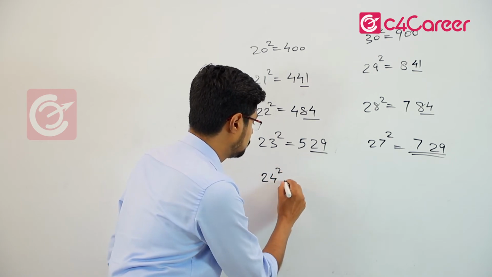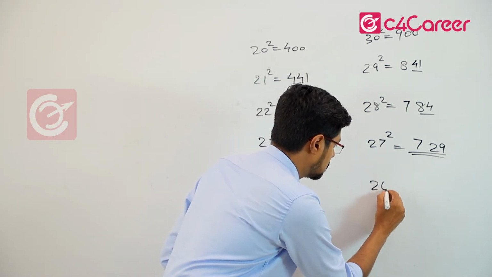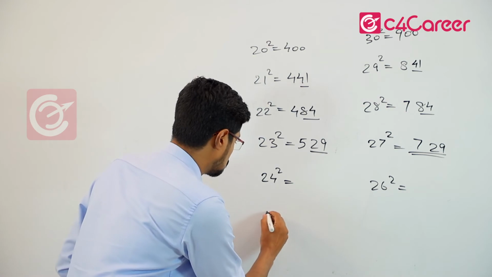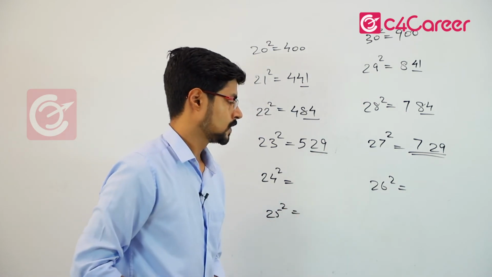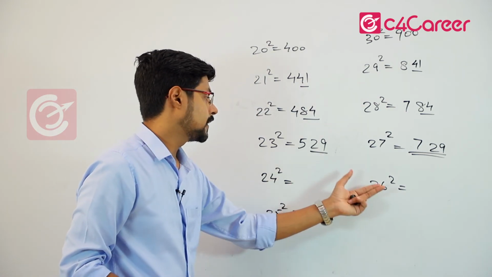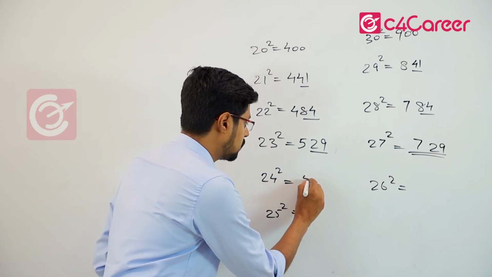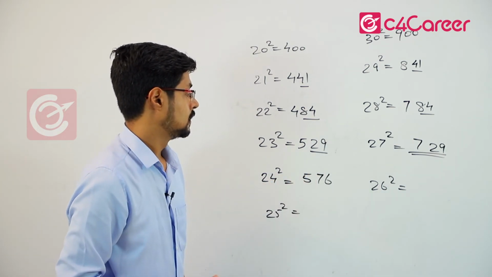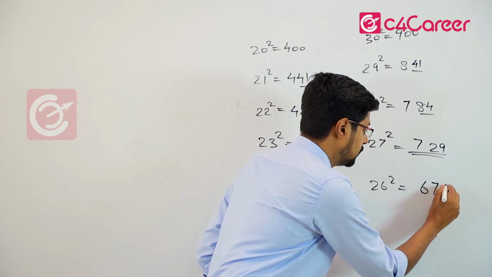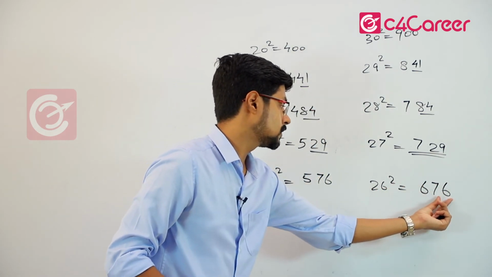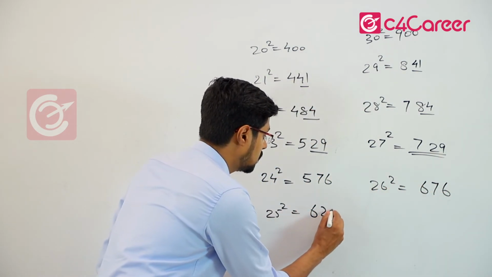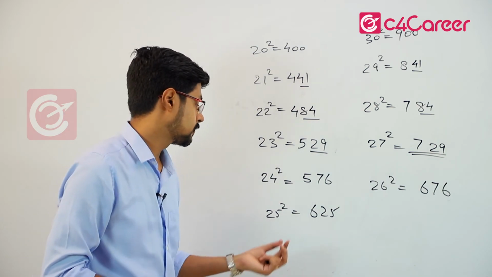Now let's come to the next one. 24 square, 26 square, also 25 square. So these three you can connect and study. 24 square is 576. This will be 676 because the last two digits are common. Then this is 625. 25 square is 625.